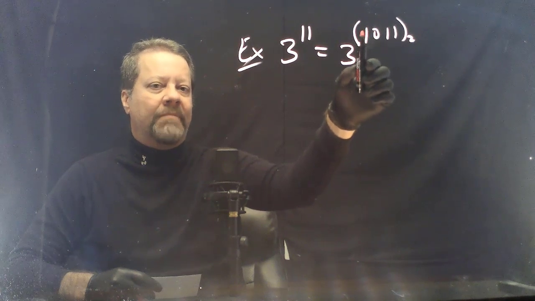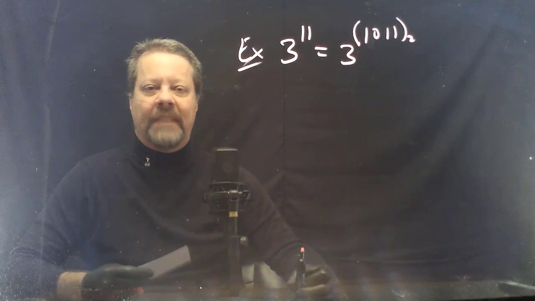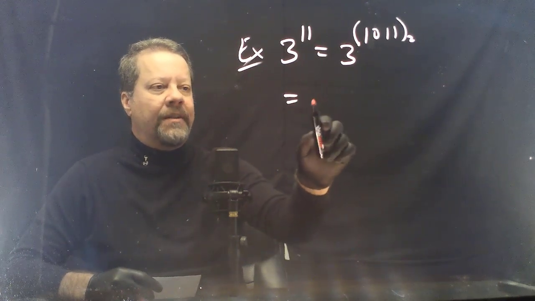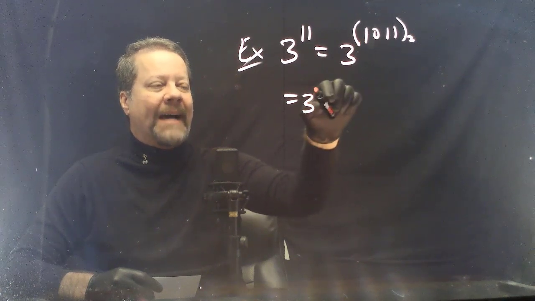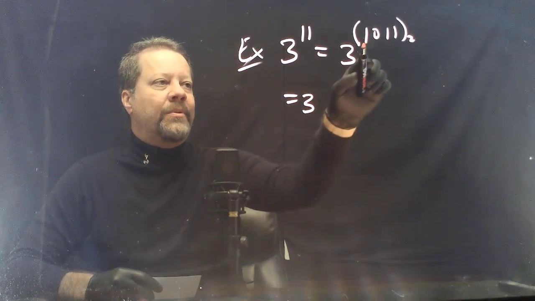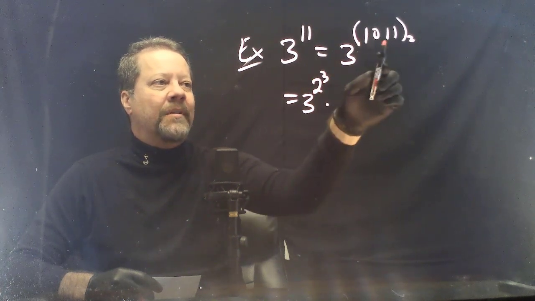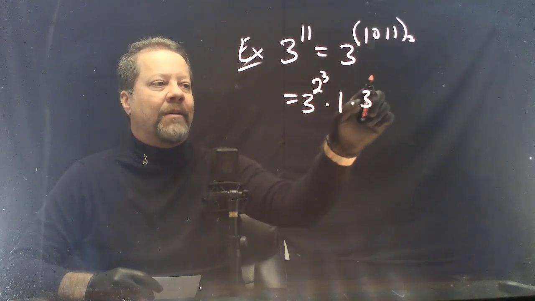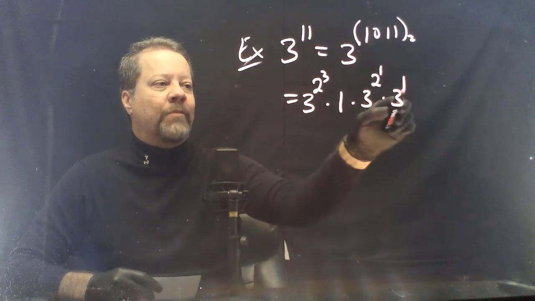That's going to be 8, plus another 2, that's 10, plus another 1, that's 11. So according to our prior discussion, this should be 3 to the power of 2 cubed times 1 times 3 to the power of 2 to the 1 times 3 to the power of 1.